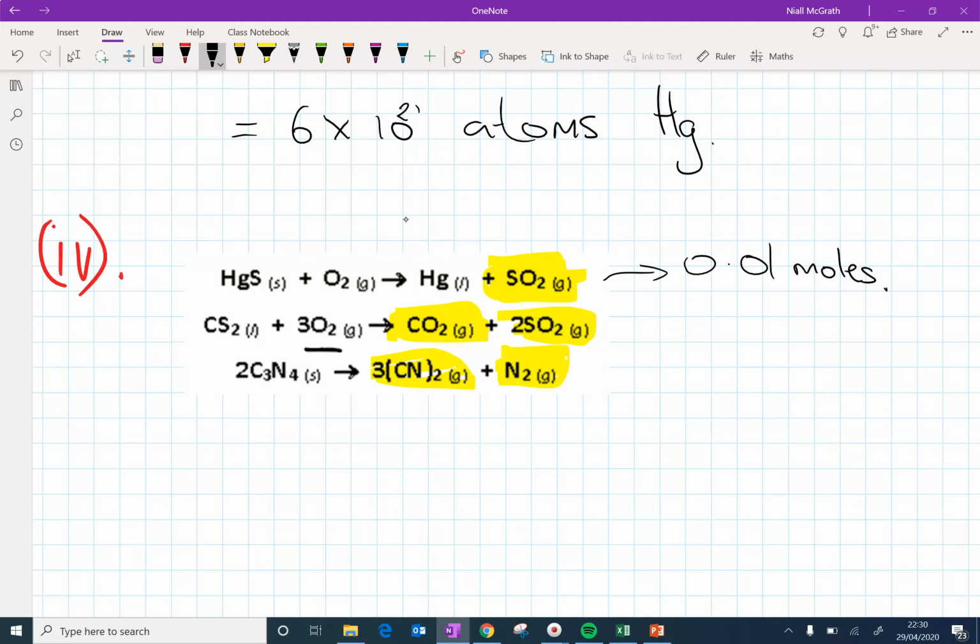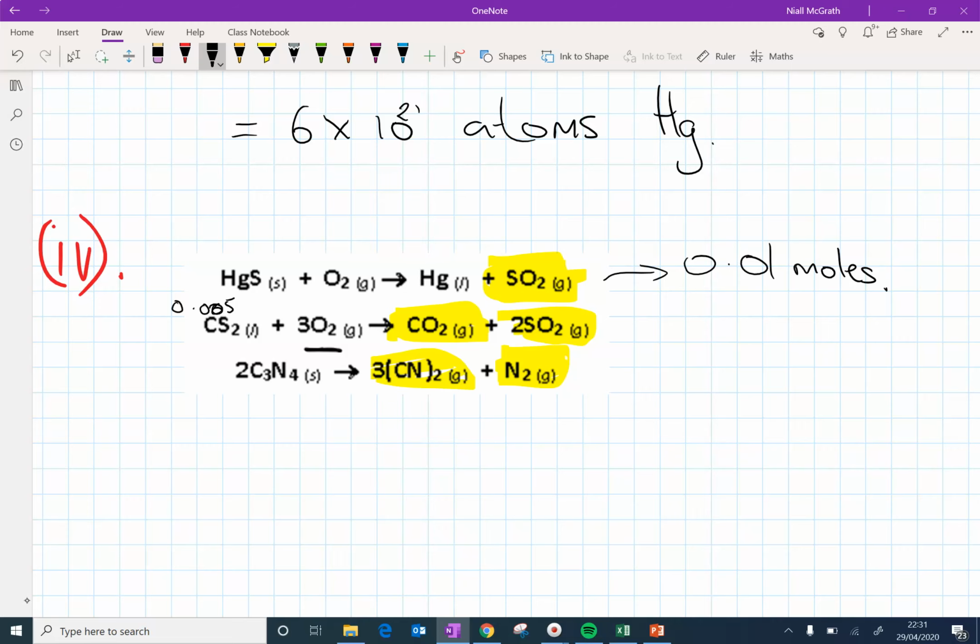For the CO2 and SO2, we looked at earlier that we had 0.005 moles of CS2, and 0.015 moles of oxygen, but the CS2 is easier to use because it's one of them rather than 3.